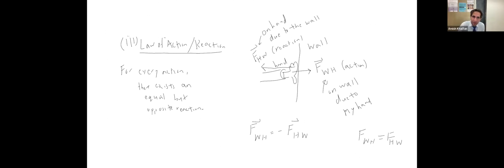Essentially, the third law is telling you that you cannot touch something without being touched back, right? If you hit against something, that thing is going to hit against you in the opposite direction with the same strength. That's why if you consider a boxer, he wears gloves because when he throws a punch and he strikes an individual, there's a reaction force on the glove, right?